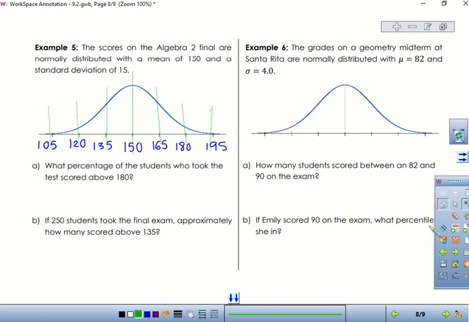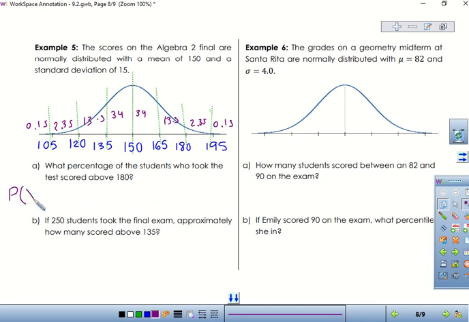Okay. So 34, 34, 13.5, 2.35, 0.15, 13.5, 2.35, 0.15. Now that I filled them in, I can continue by answering my questions. What percentage of students who took the test scored above 180?